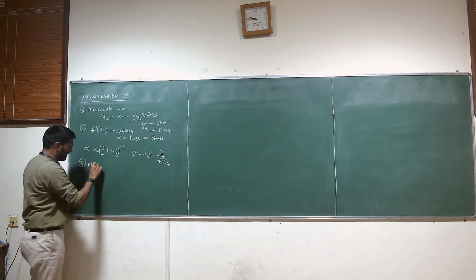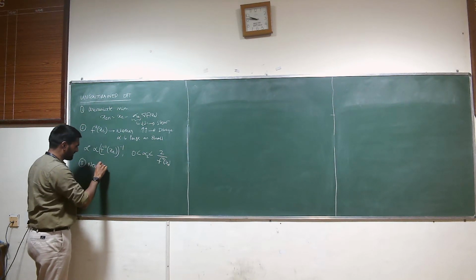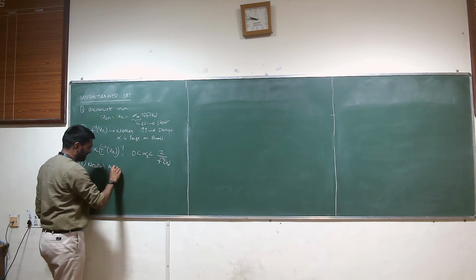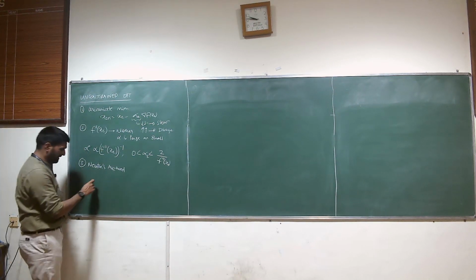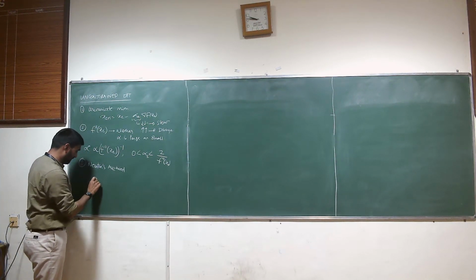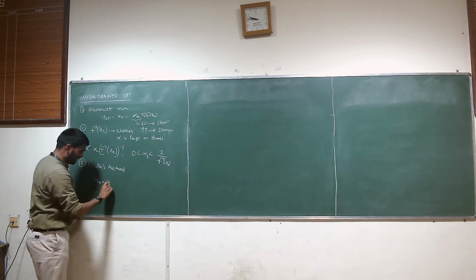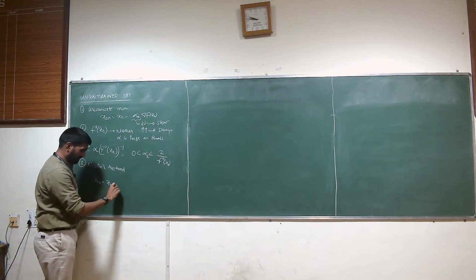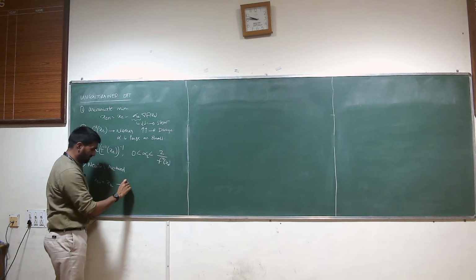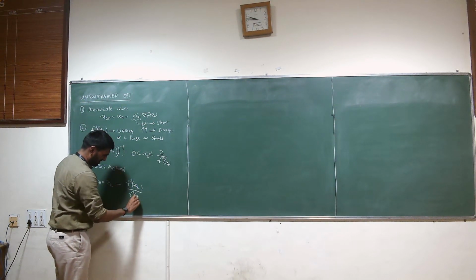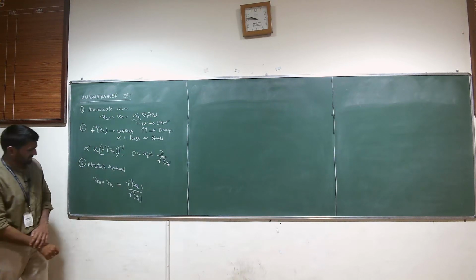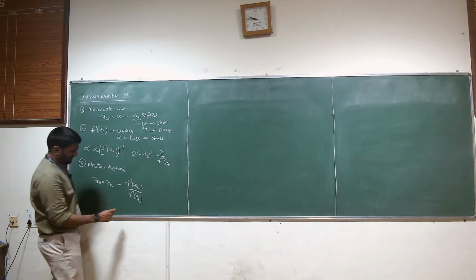And then we talked about Newton's method, which we already talked about in the previous class. What is Newton's method? x k plus 1 equals x k minus f dash of x k by f double dash of x k.